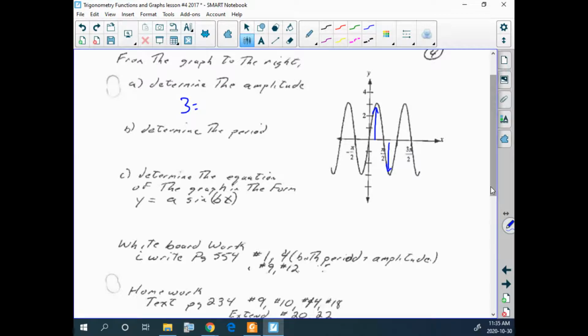The top peak is up 3, bottom trough is down 3. Now you could have also picked this up by going 3 minus -3 over 2, the difference between the maximum and the minimum divided by 2. So we have an A value of 3, whether you do it with an equation or with visual inspection.